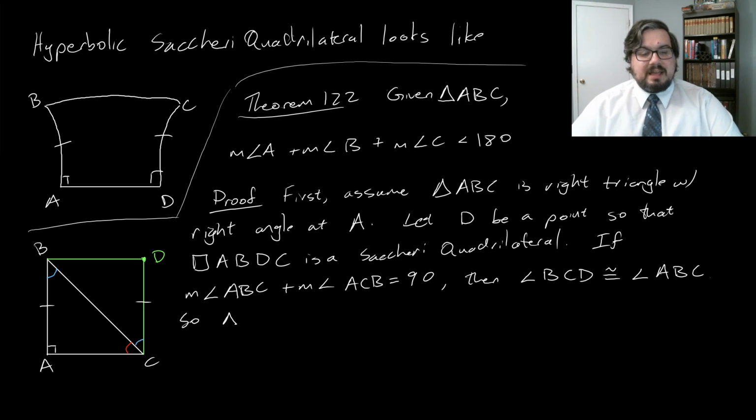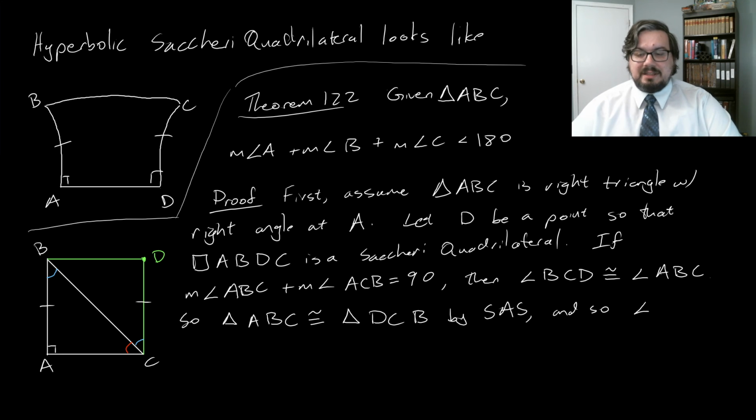So in this case, we would have that triangle ABC is congruent to triangle DCB by side angle side, and so that would mean that the angle at D is a right angle, a contradiction.